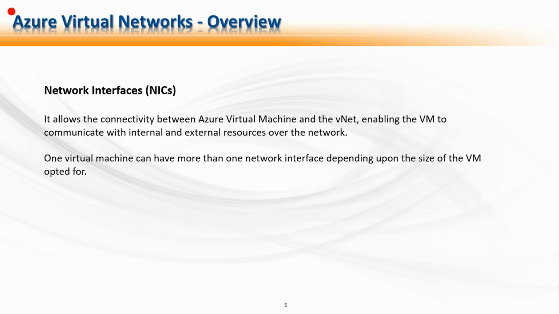One virtual machine can have more than one network interface depending upon the size of the VM opted for. When you are creating a new virtual machine, there is an option to select the size of the virtual machine, and that will depend on the pricing and your own requirement. Different sizes will give you the option to have one or more network interfaces.